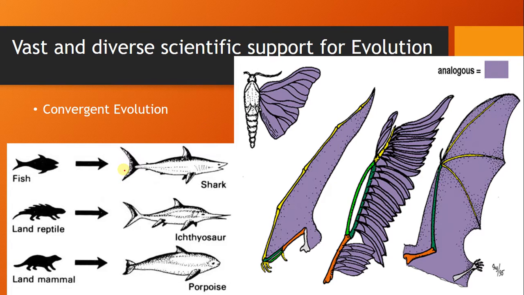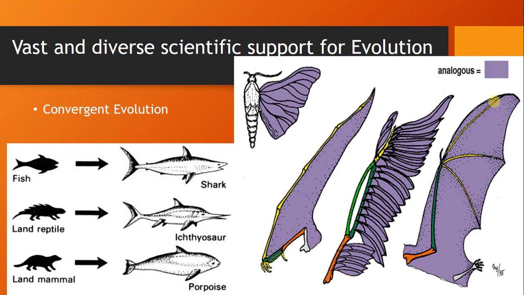This is why a lot of organisms that convergently evolved have things called analogous structures, or appendages that look different but are used for the same thing, like a bee wing or a bird wing or a bat wing, or a pterodactyl wing. They are all used for the same thing, but they have an underlying structure that is different.